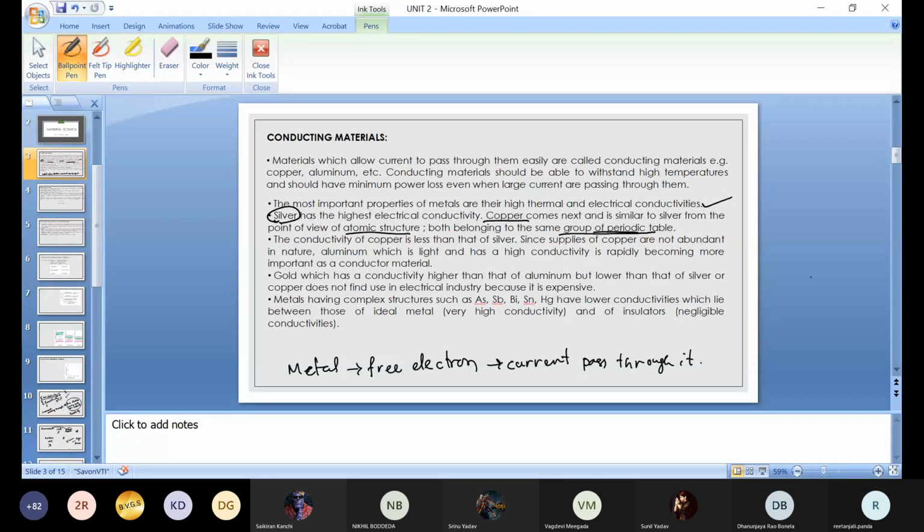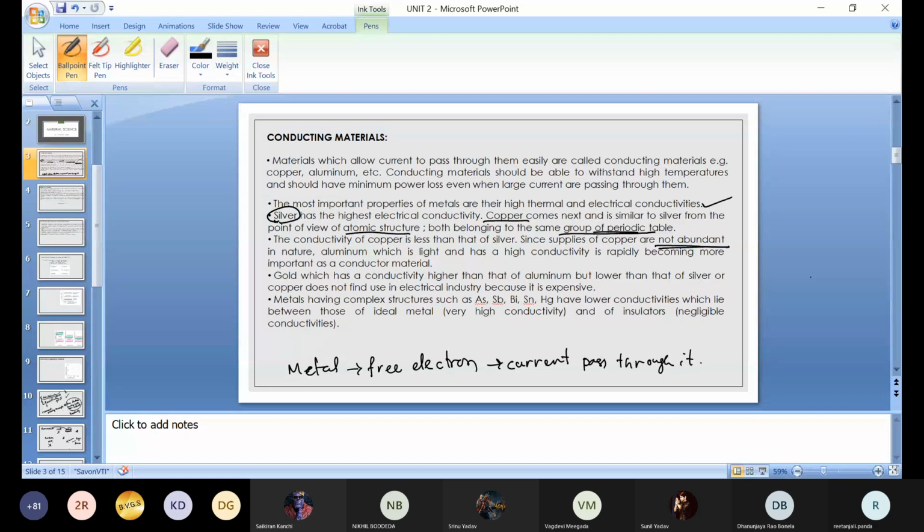But again, there is a problem with copper. Even though silver has good conductivity, its price is very high. After silver, copper has good conductivity, but the availability of copper in our environment is not that good. The metals are extracted from ores, and the ores are available in mines in the earth's crust.